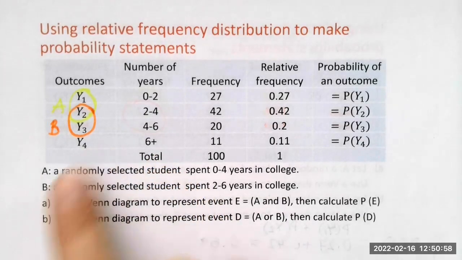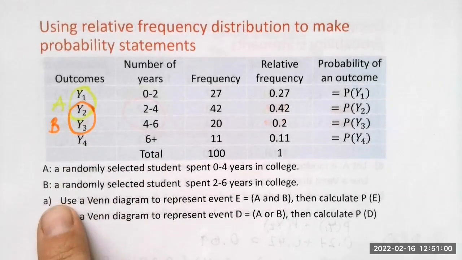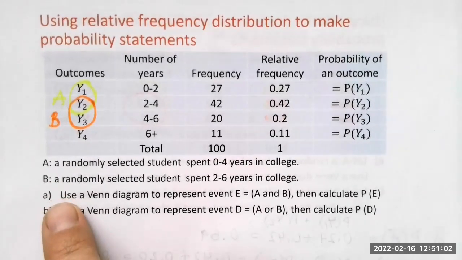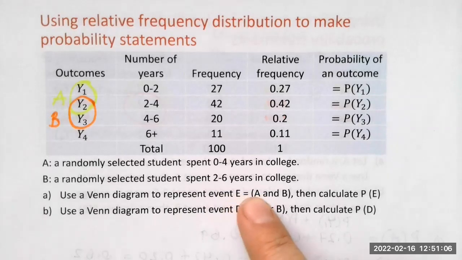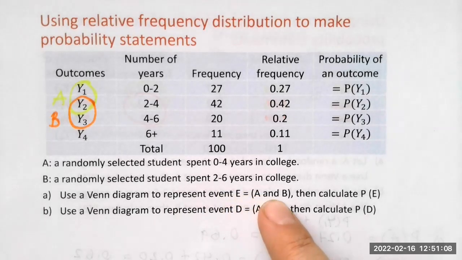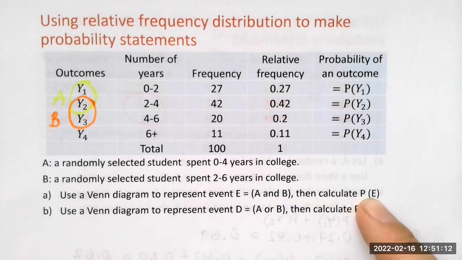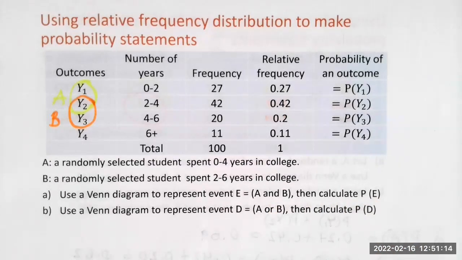Now let's use that Venn diagram to answer these questions. Question A: represent event E, which is A and B, and calculate its probability.